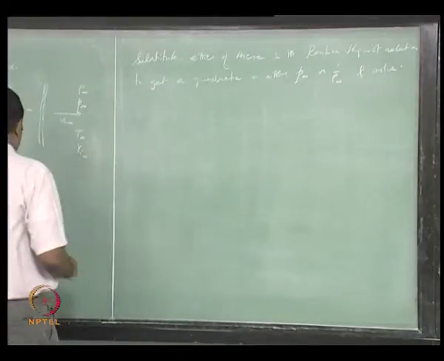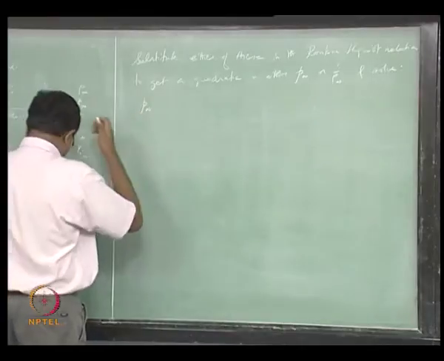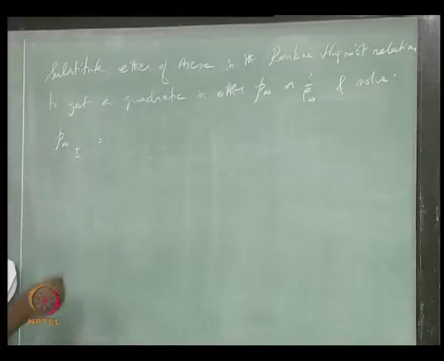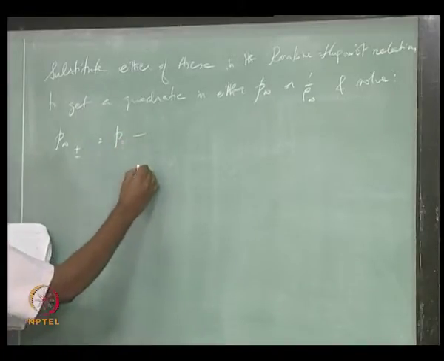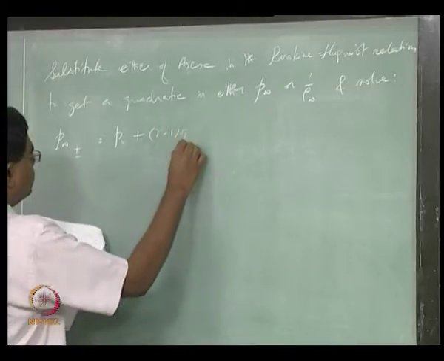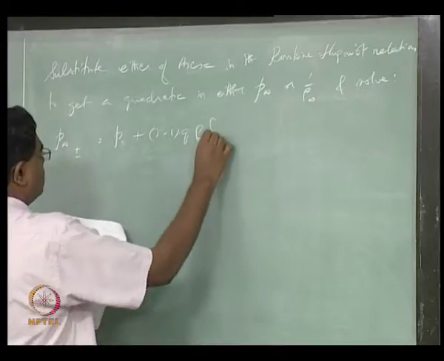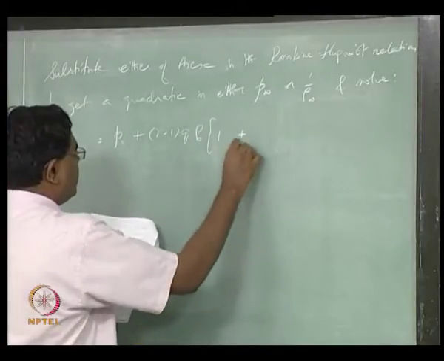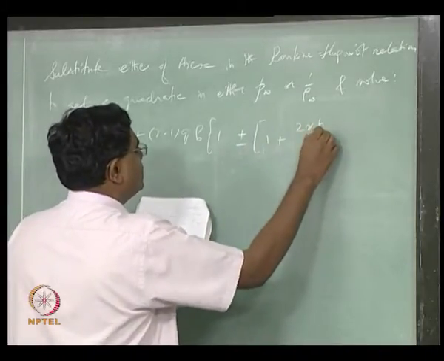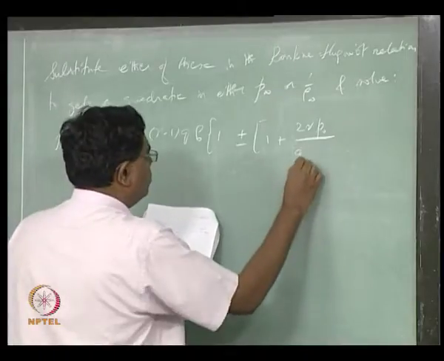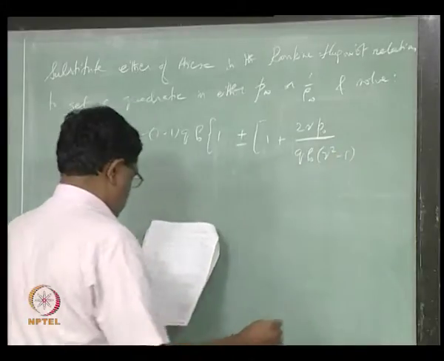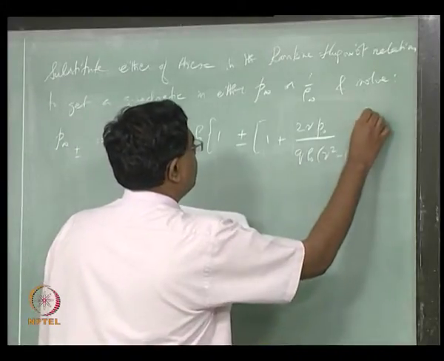So if you now solve the quadratic, you get P infinity plus or minus equal to P naught plus gamma minus 1 Q rho naught times 1 plus or minus 1 plus 2 gamma P naught divided by Q rho naught gamma squared minus 1, the whole to the half.